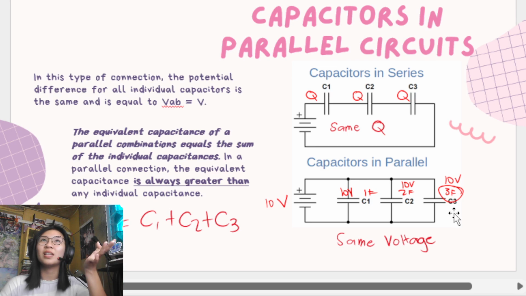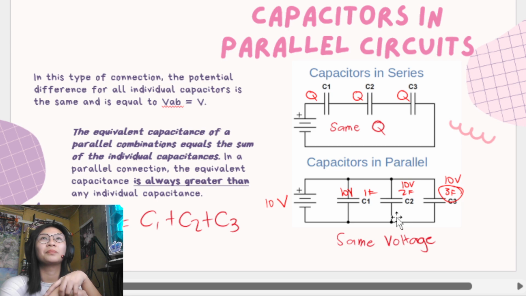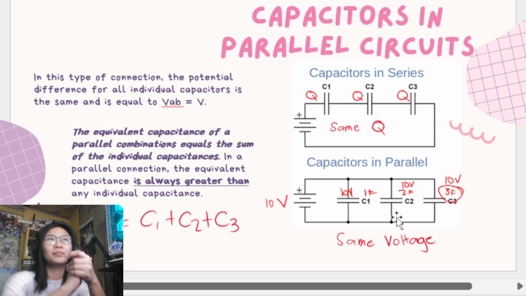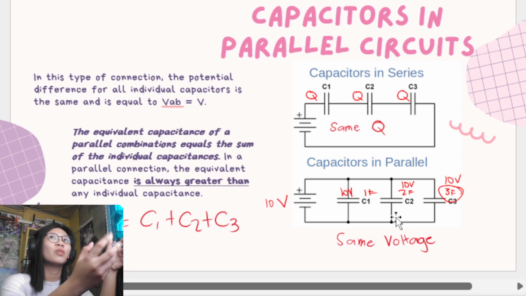Okay, so equal sila. That is the difference between parallel and series for capacitors. So in this type of connection, the potential difference for each individual capacitor is equal to your total voltage.